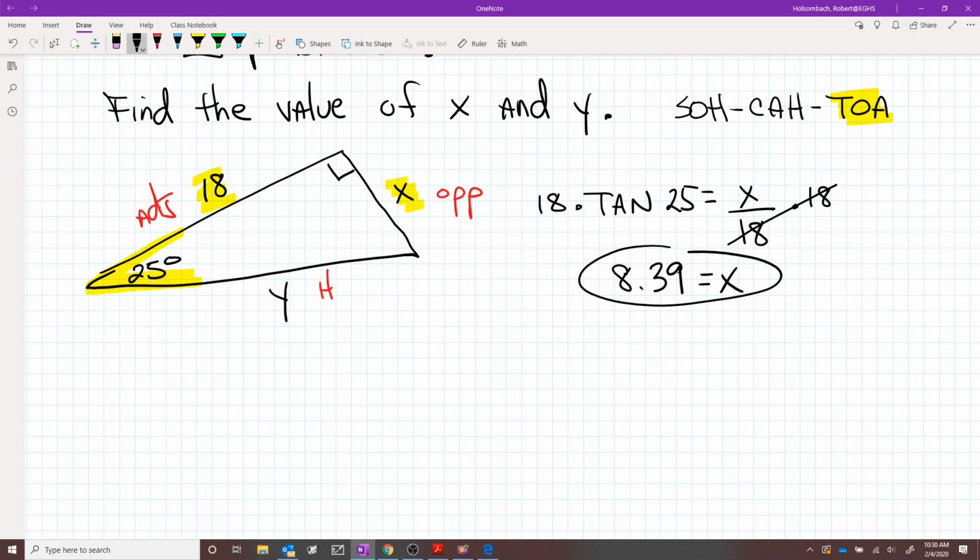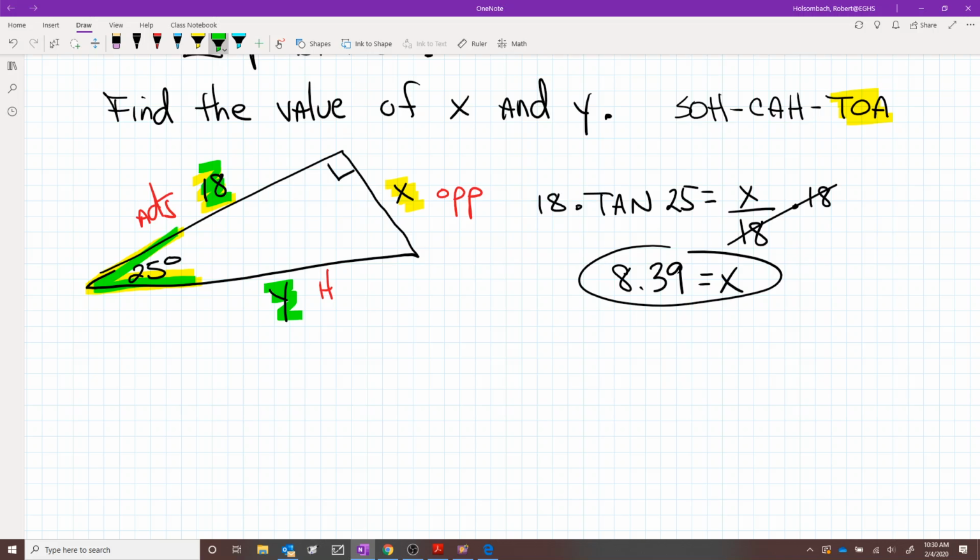Alright, so now we're going to solve for the y. To solve for the second variable, you repeat the process. You've already named the sides. We're still using this 25-degree angle. Now we're going to be dealing with the hypotenuse and the adjacent.